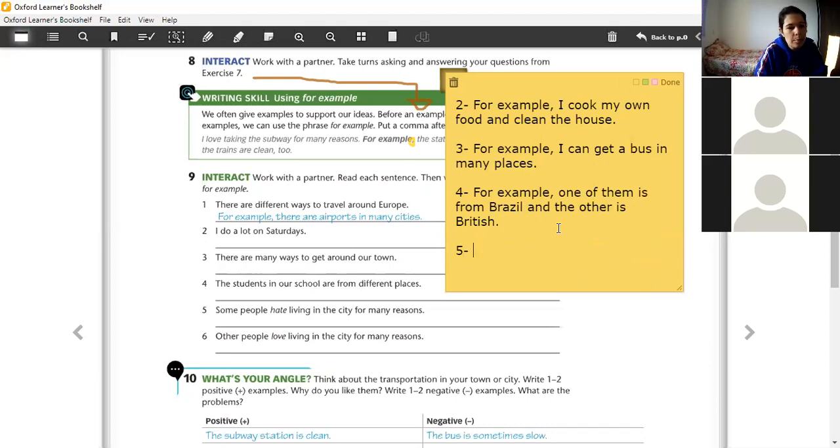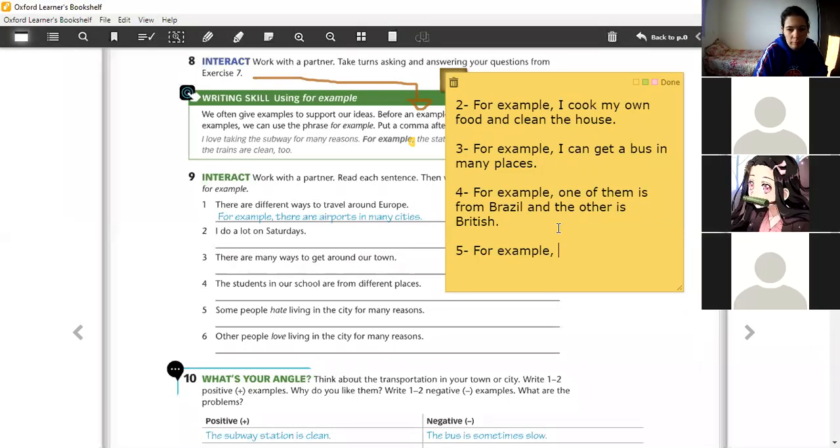Number 5, people hate to live in the city for many reasons. For example, because living in the city is too expensive.